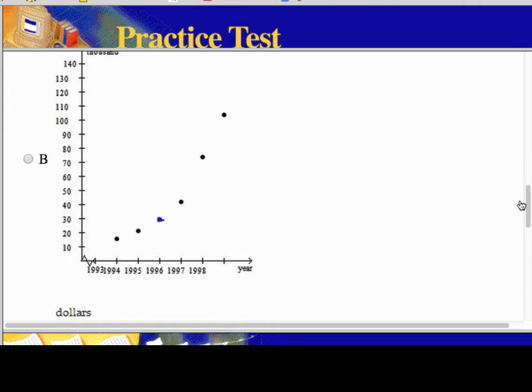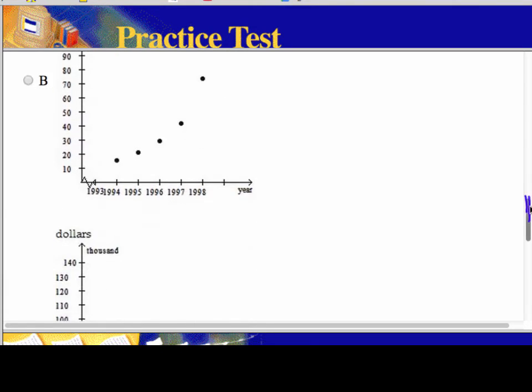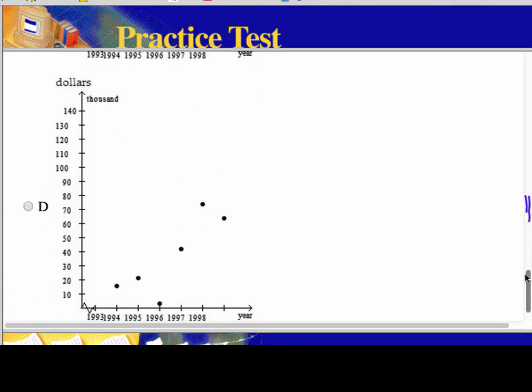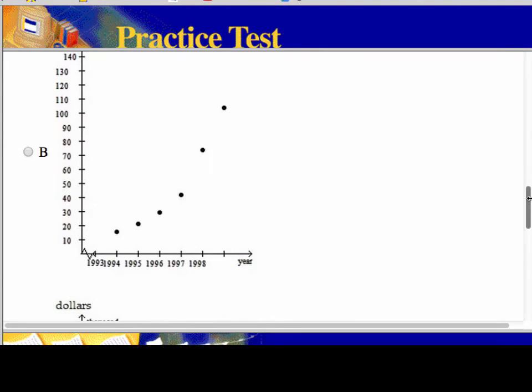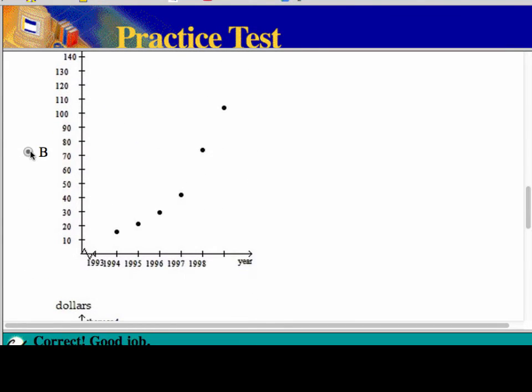Yeah, that one looks pretty good. D is wrong because it should be right here, right? So what's the answer then? B. Could you do this on the test? Yes. All right, cool.